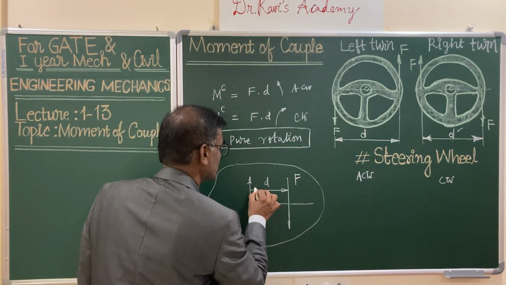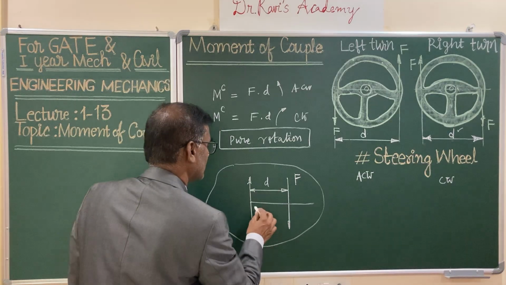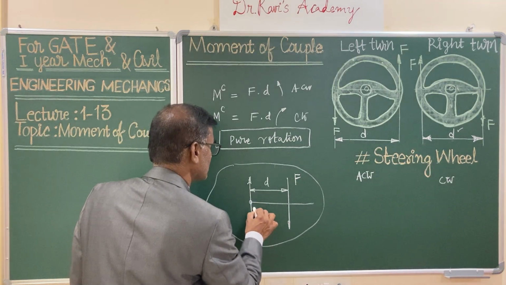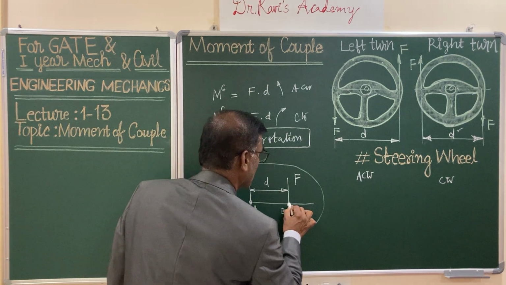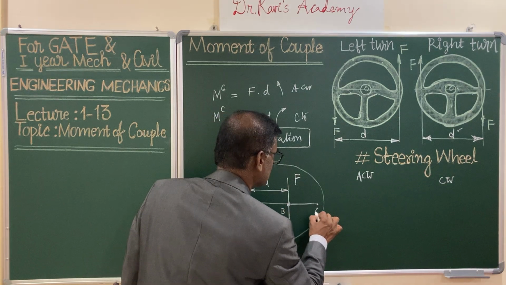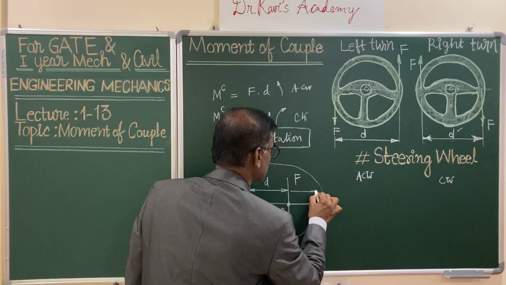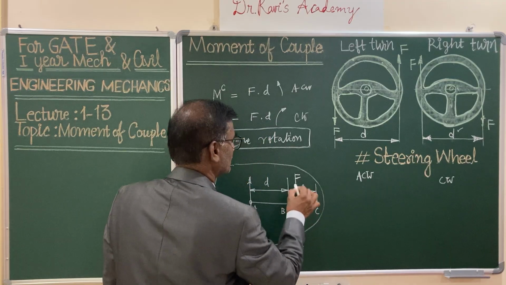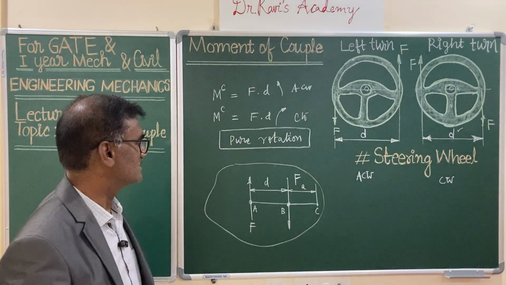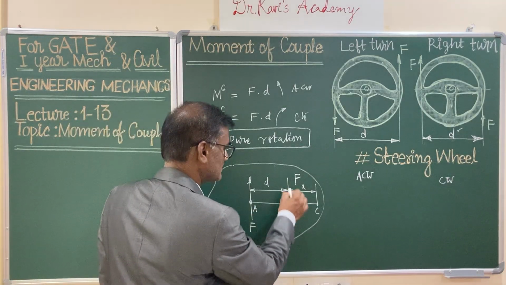The distance between these two is d, and this is let us say point A, and this is point B. I am considering another point C at a distance a from this particular force. Yes, I have located 3 points.